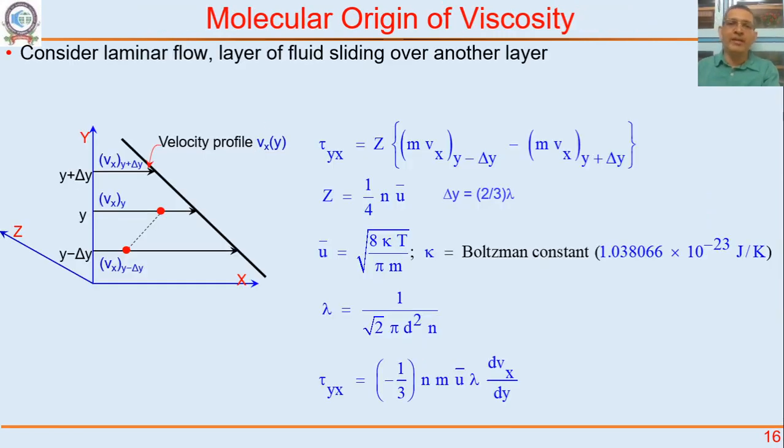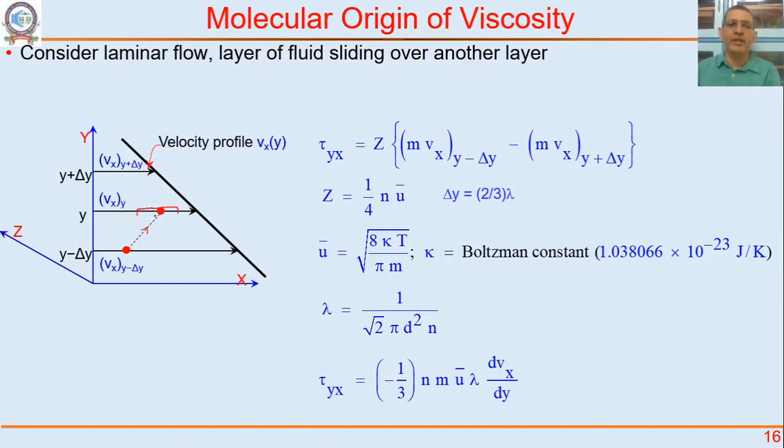Let's go a little bit backward about the molecular origin of these different transport properties. When we talked about momentum transfer, we talked about viscosity, and there we saw that if you imagine a molecule going from one location to another location, and the variation of Vx as a function of y, we talked about the force per unit area exchanged as a result of collisions of molecules at any particular plane.